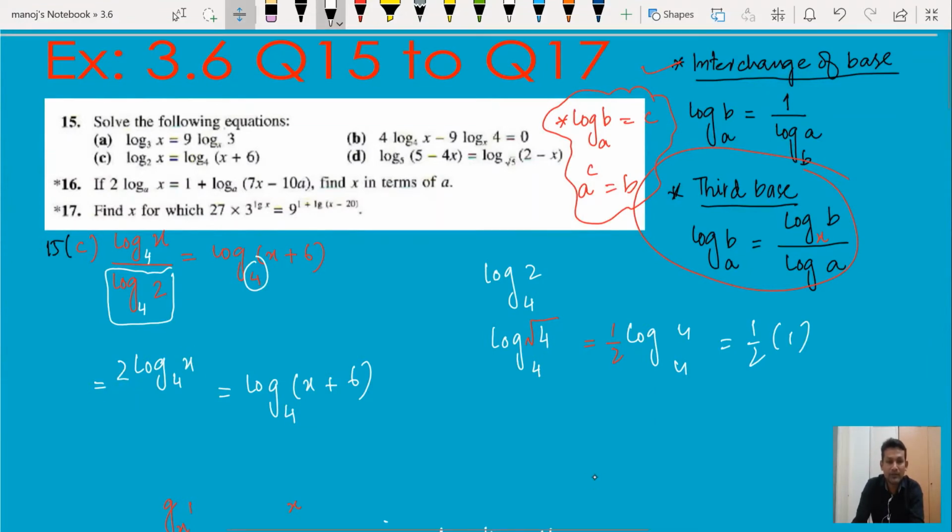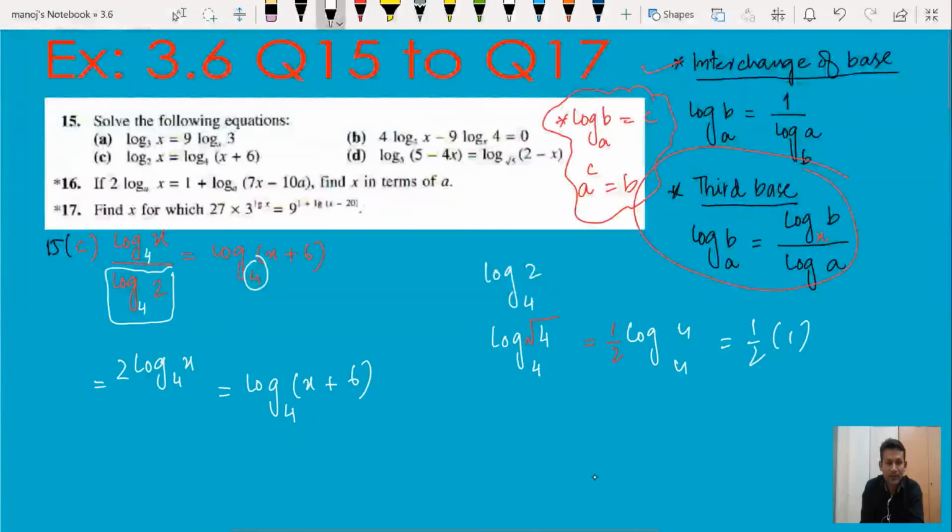So log 4 x power 2 equals log 4 x plus 6. You can see the condition that when we have the same log with the same base, we compare.